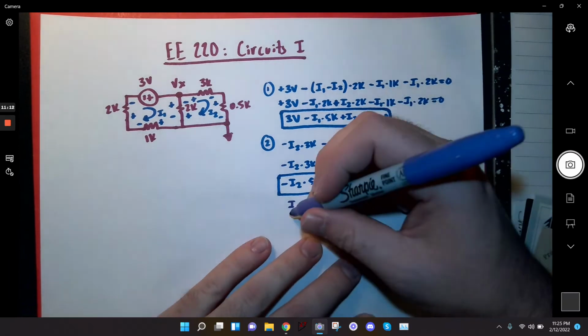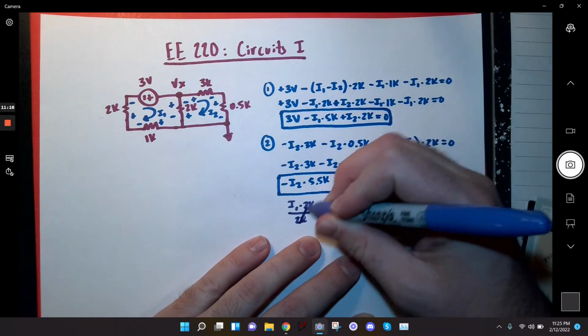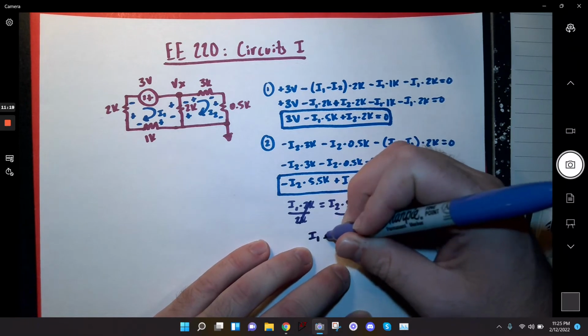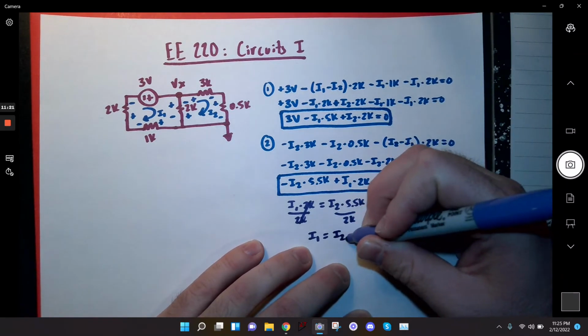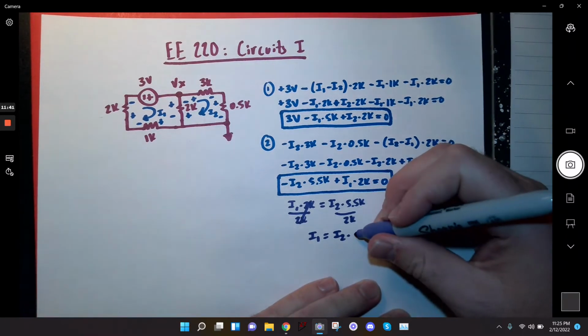And now I'm going to divide both sides by 2k, and I get that I1 is equal to I2 times whatever 5.5 divided by 2 is. It's probably like 3.125 or something. Or 3.25 maybe? 2.75. Oh yeah, okay, sorry, my mental math is off. 2.75.